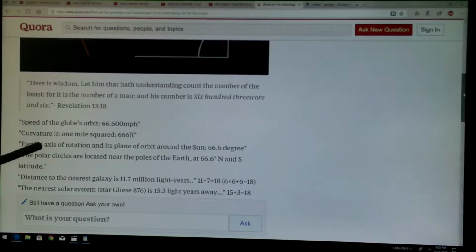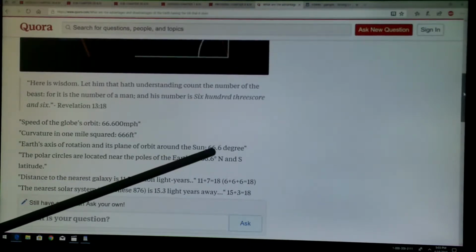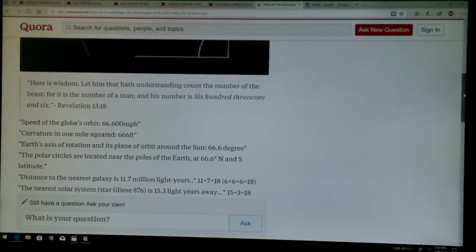So what does this mean? It means when you look at the curvature of a globe, it's 666. See, when you look at it, it's 666. So it's the image, that's what you look at, of 666. The Earth's axis of rotation and its plane of orbit around the sun is 66.6 degrees. So that's four 666s so far.